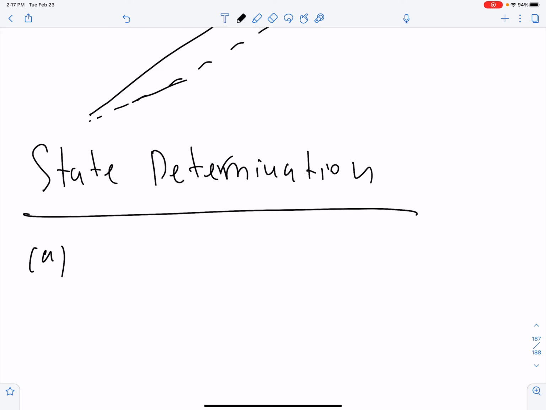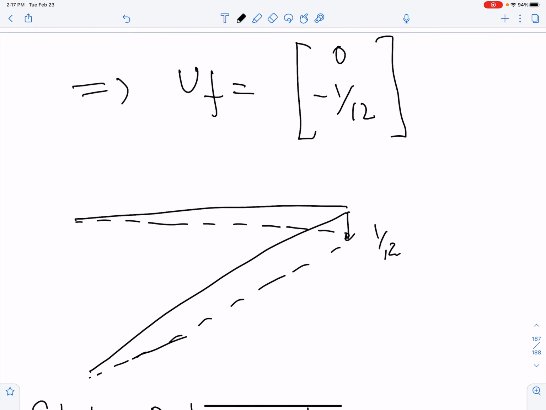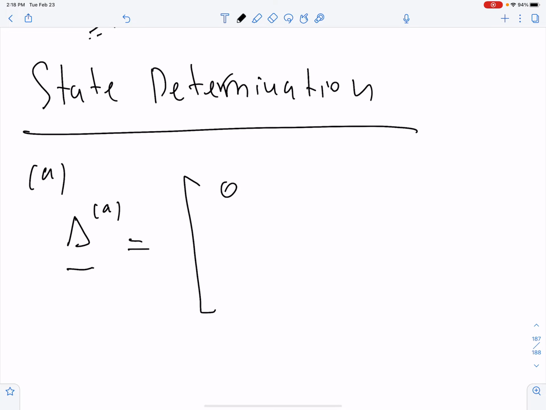And we compute the displacement, delta A, just by looking at the solution. So here, 0, 0, this node doesn't move. And there we get 0, minus 1 over 12. 0, 0, 0, minus 1/12. Okay.